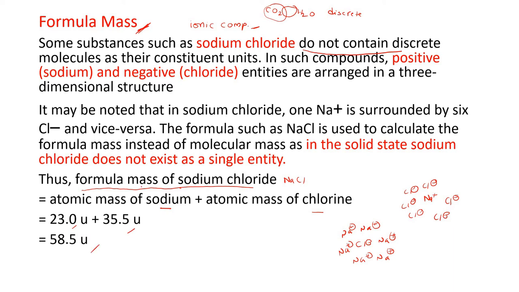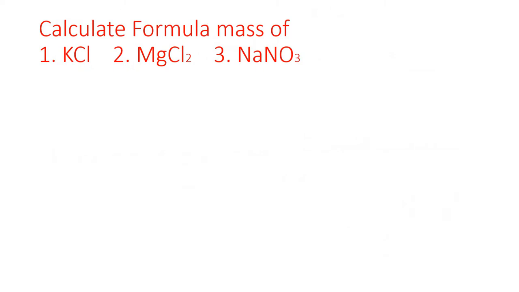The total will be 58.5. There is no difference, only the word used is different. Now take this as homework: calculate the formula mass of KCl, magnesium chloride and sodium nitrate. Same atomic masses you have to add. Simple thing only.